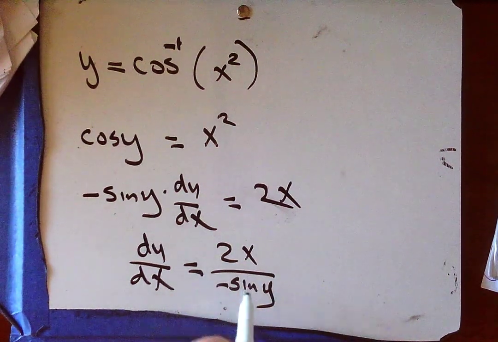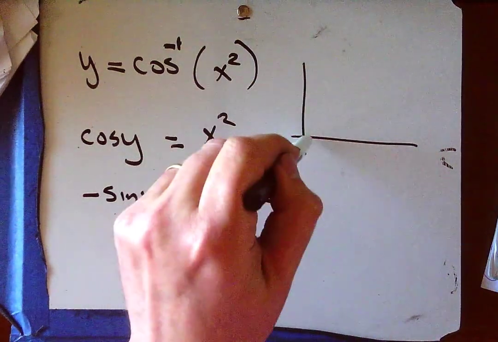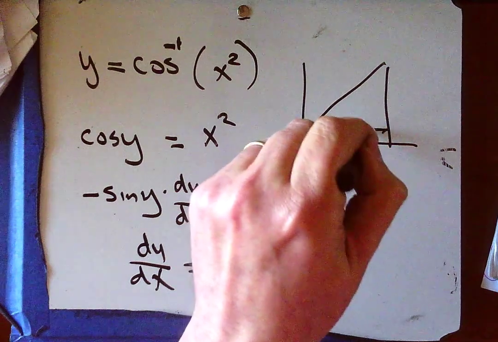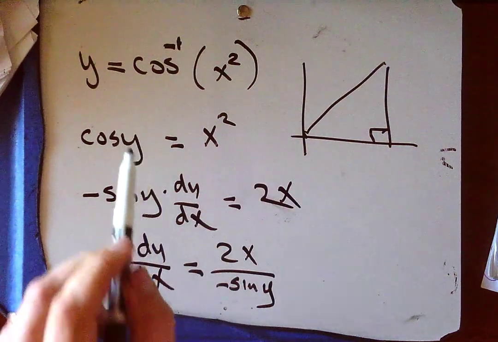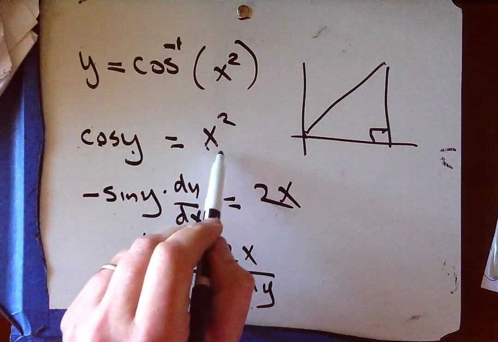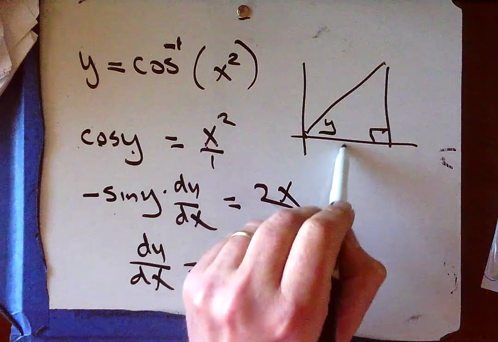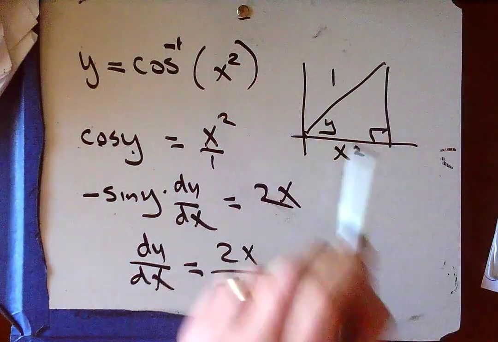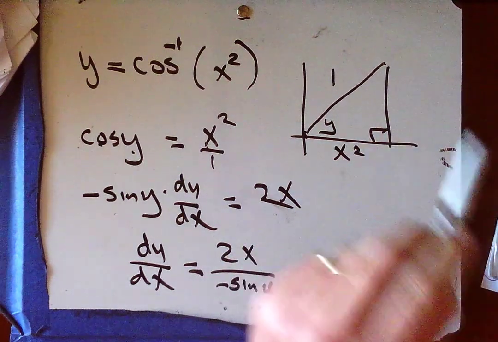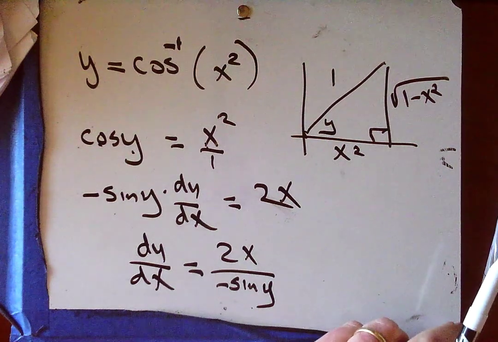Now, what can we say about sine of y? Well, let's get that triangle going. We know that the cosine of y equals x squared, or x squared over 1. So here's y, adjacent, hypotenuse, and we use the Pythagorean theorem to find the missing side, and we get the square root of 1 minus x squared.